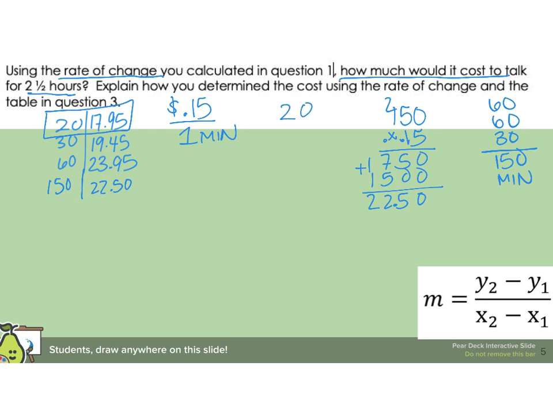So we're going to do 20 times this. We're going to get 0 and 10. We're going to get 0 and 2. So it's only $3 to talk for 20 minutes. So then why is it $17.95? That means they charged me something before I talk any minutes at all.